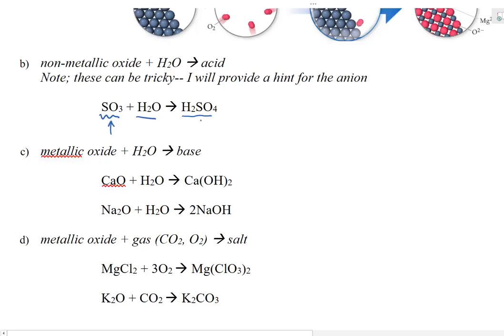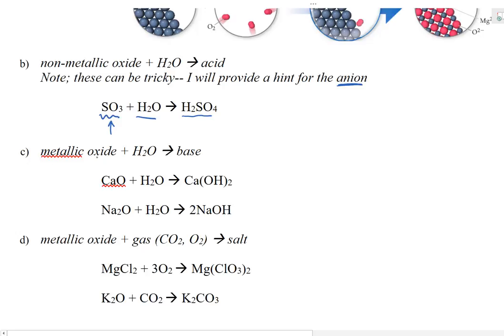With these ones, knowing what the acid will be is a little bit tricky, so you'll be given information about the anion. I would tell you that the anion you need is sulfate, or that you're producing sulfuric acid. In some way, you'll be given information about the anion. You need to know that you combine that with the H+.